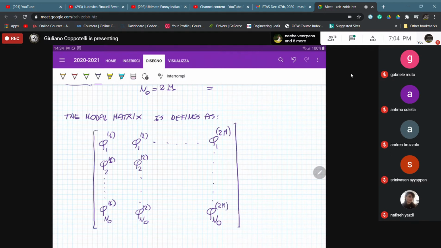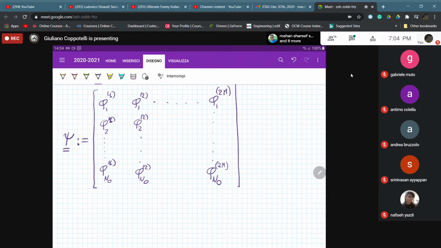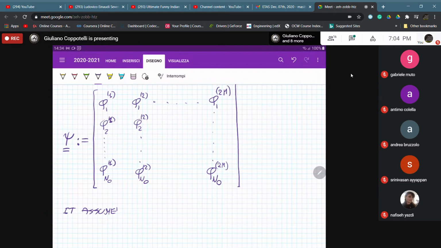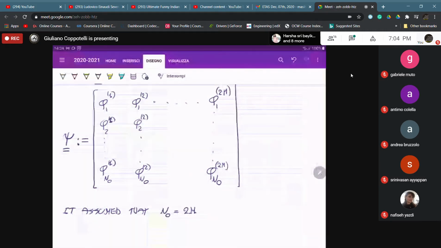This modal matrix is the psi matrix, which by definition is built as it is. And of course it is assumed that the number of outputs is equal to 2m, as we did before.